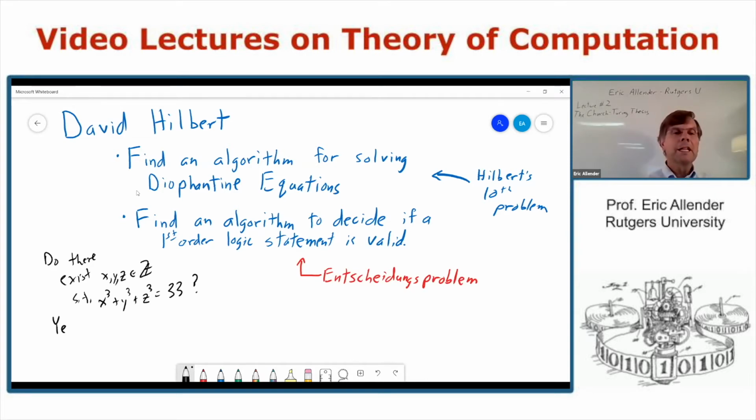The answer turns out to be yes, but this was not known until 2019. And in fact, the x, y, and z that have been found are huge.